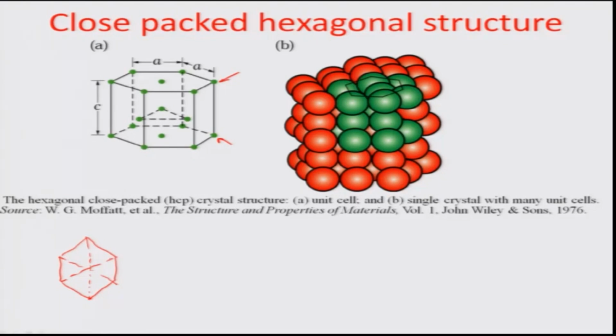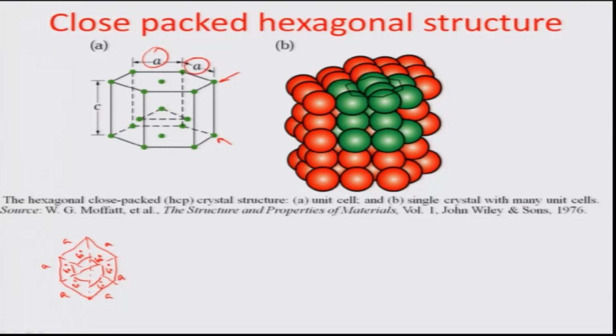Because it is a regular hexagon, the angles that these triangles formulate are all 60 degrees, and they would be equilateral triangles, each with a unit cell size a, as can be recorded here in the close packed hexagonal structure.